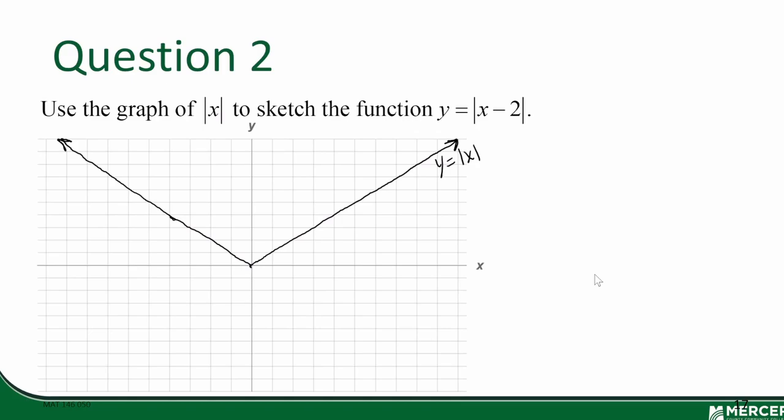Absolute value of x minus 2. Again, you first want to identify your toolkit function, which they actually do give you. Then identify the transformations that occur.